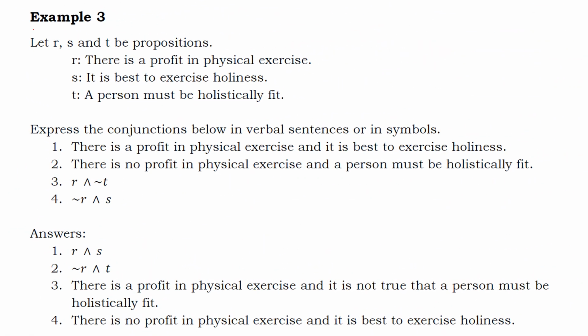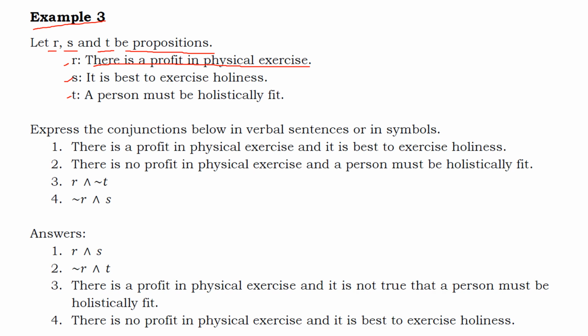So for example number 3, let R, S, and T be propositions. So here, as you can see, there are 3 propositions involved in this example number 3: your proposition R, your S, and your T. For your proposition R, this will be the statement: there is a profit in physical exercise.